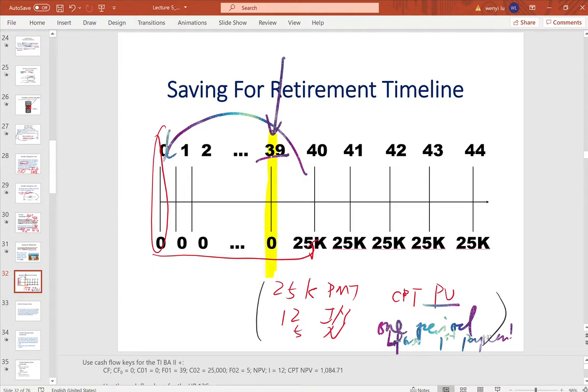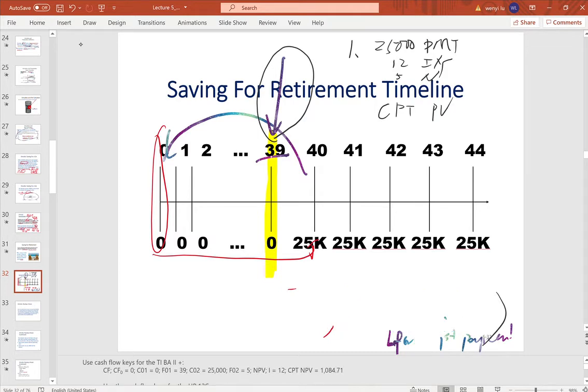So I will write this together: 25K payment, 12 I/Y, 5 as N, and we solve the PV. We solve the PV on 39. That's the first step.